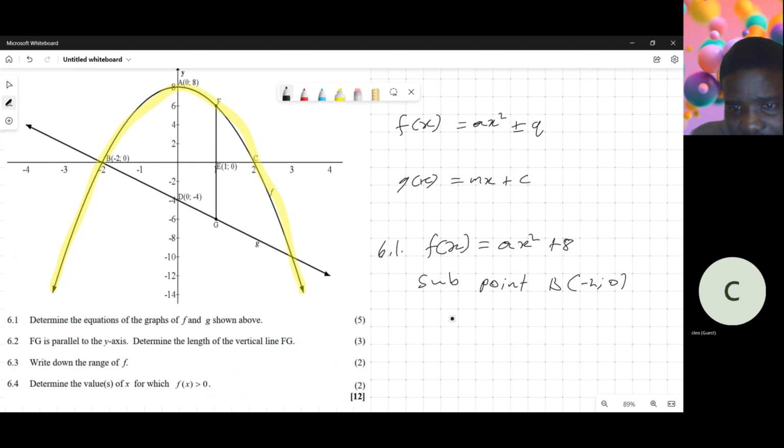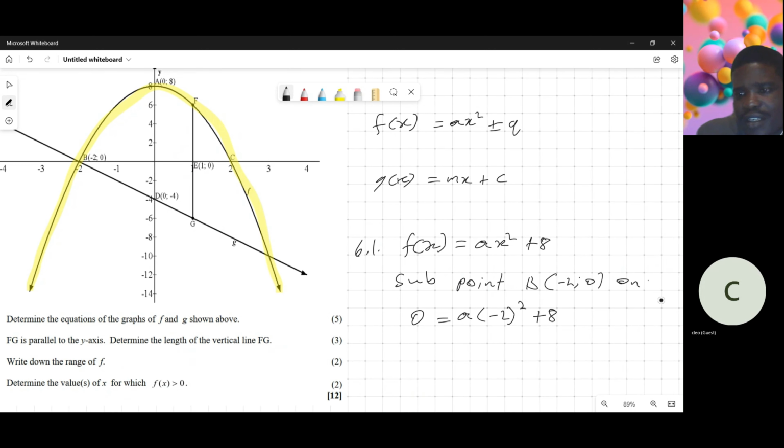That is, f of x is 0. So if you substitute there, put 0 equals a, open bracket, -2, that is the value of x, squared, plus 8. Substitute point B on f of x.